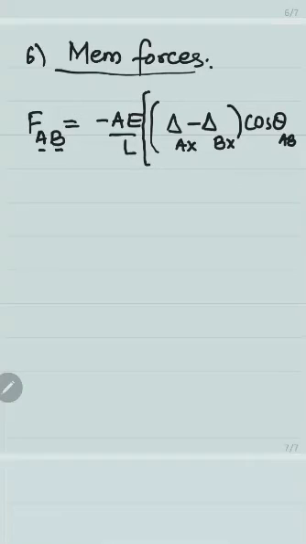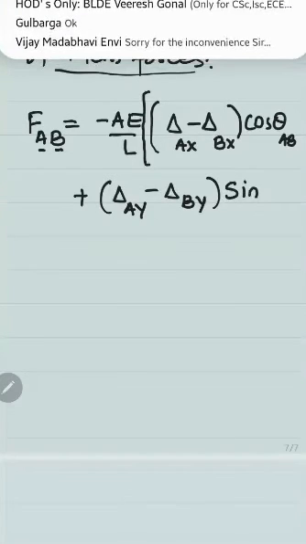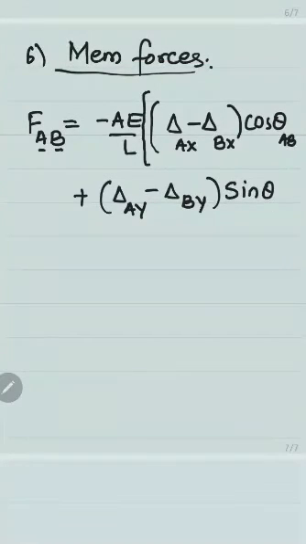right, plus delta, again in the same order, delta AY minus delta BY into sine of theta AB. Right? It is minus AE by L. AE is constant, so you can keep it as it is.